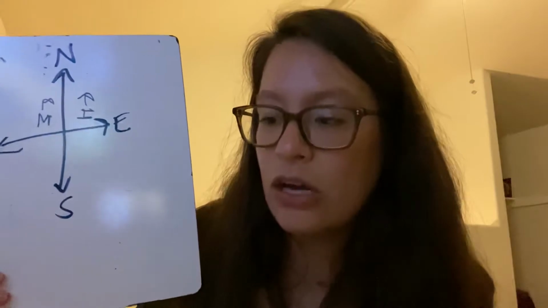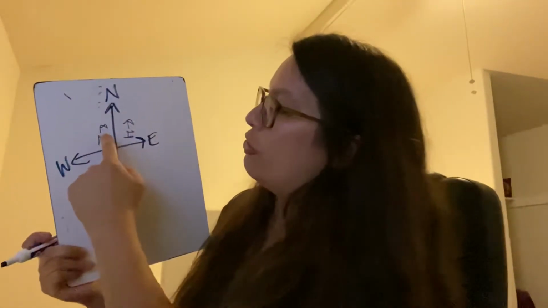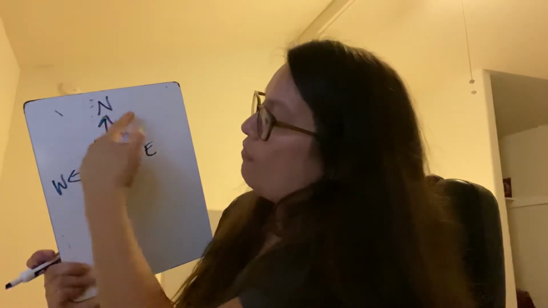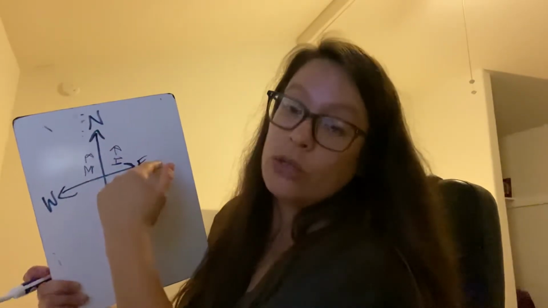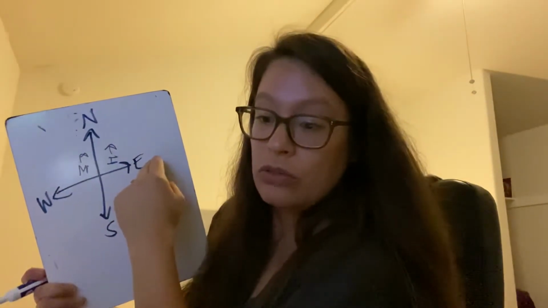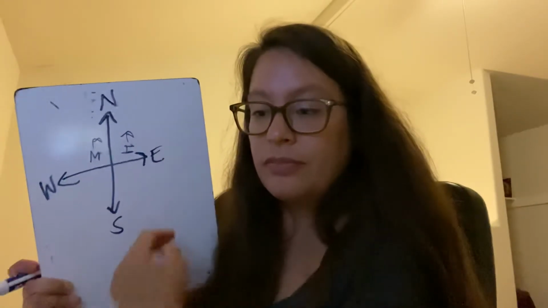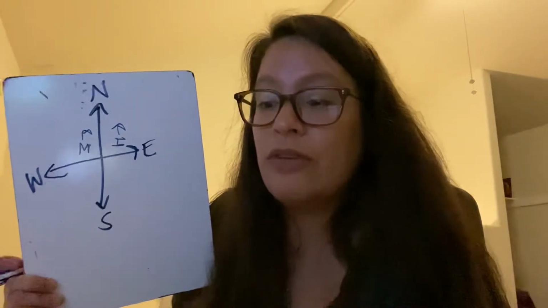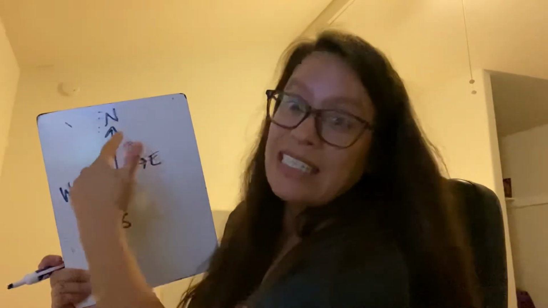So Mariah turned 90 degrees clockwise. If she turned 90 degrees clockwise, that would be just a quarter turn this way, going the way that a clock goes, right? And then, let's see, Irina turned 270 degrees counterclockwise. So Irina's facing this way, 270 degrees.